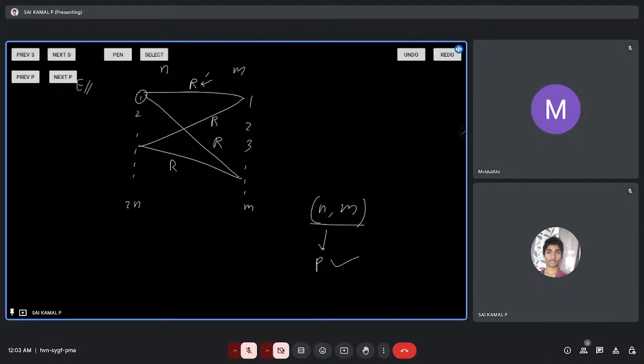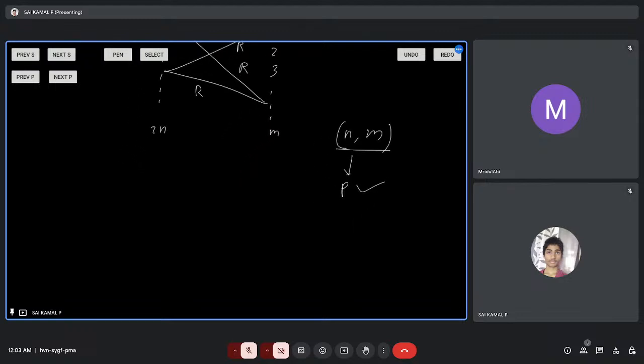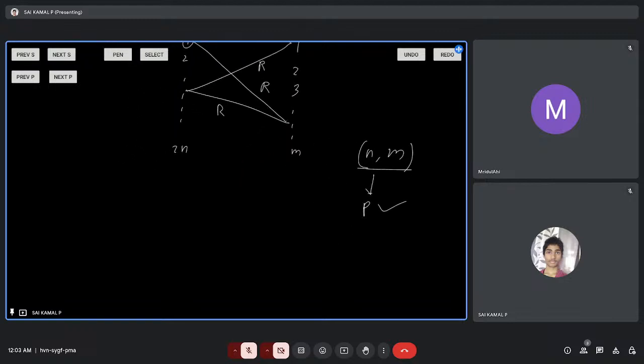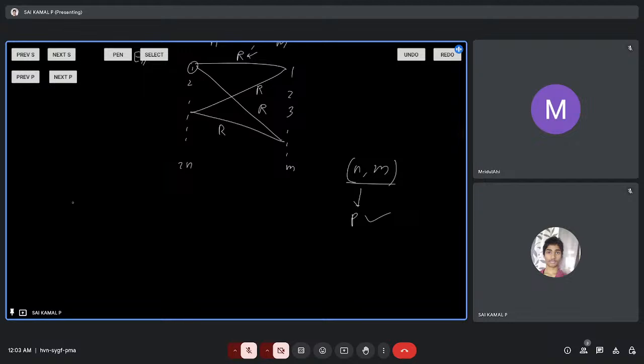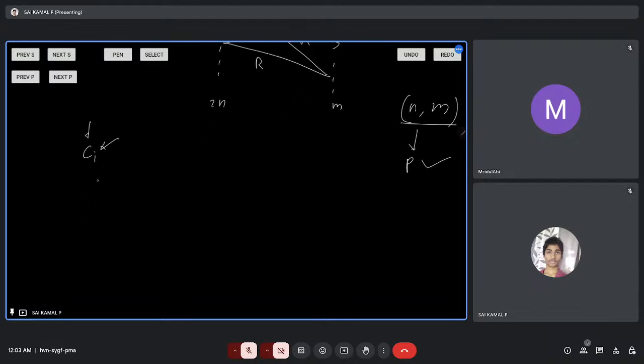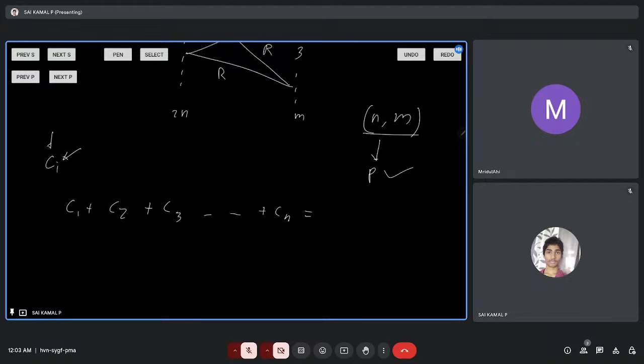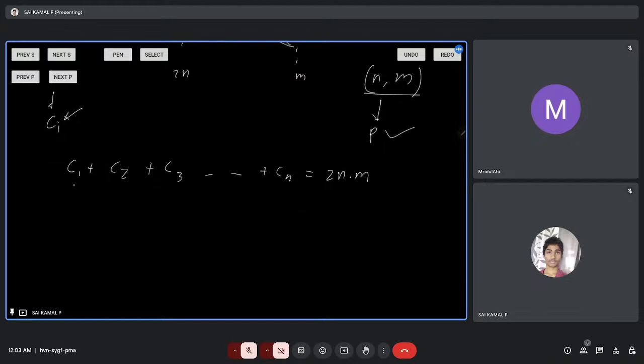So the idea of this problem is to rely on the fact that if we assume Ci represents the number of times color i is used, then C1 plus C2 plus C3 plus so on up to Cn has to be exactly equal to the total number of edges in this graph, which is 2 times n times m. If you see this equation, all of the Ci's are positive.